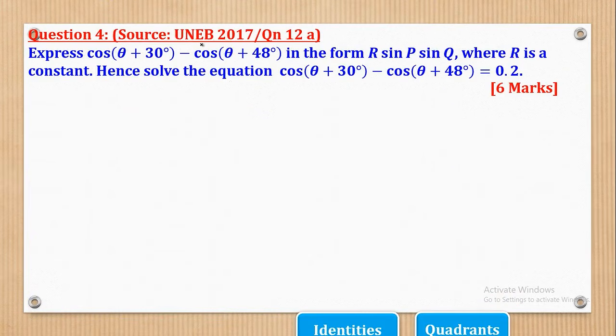So now we shall go to question 4, which came from UNEB 2017, paper 1, question 12A, and says express this in the form r sine p sine q, where r is a constant, and hence solve this equation.